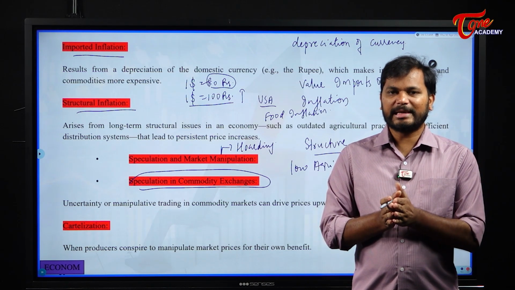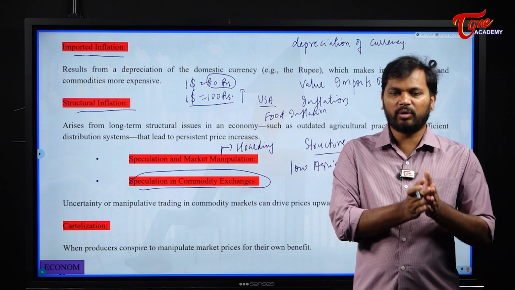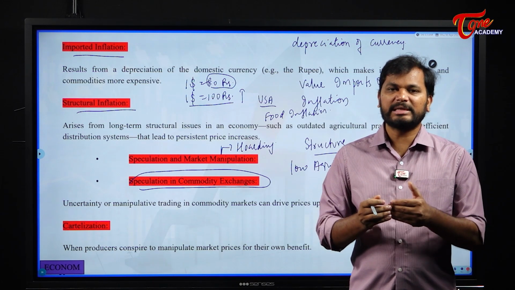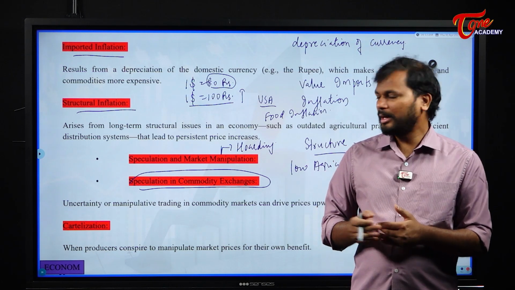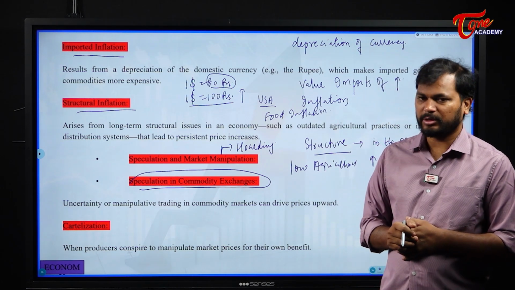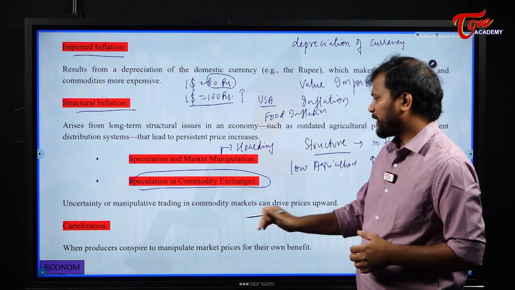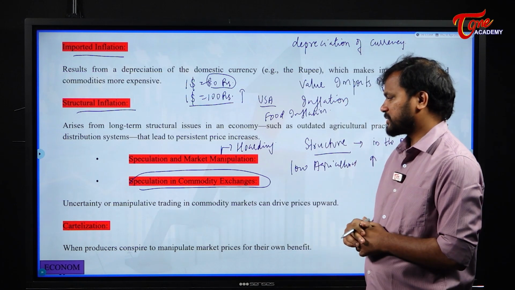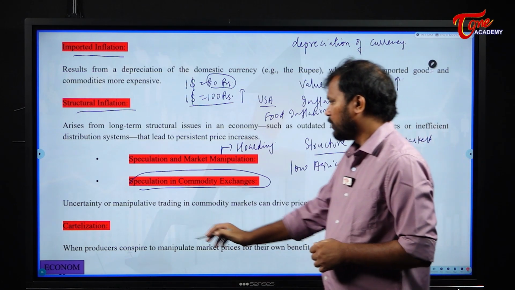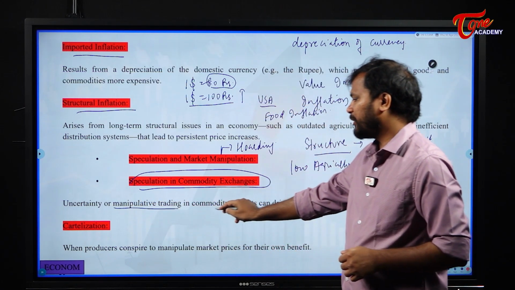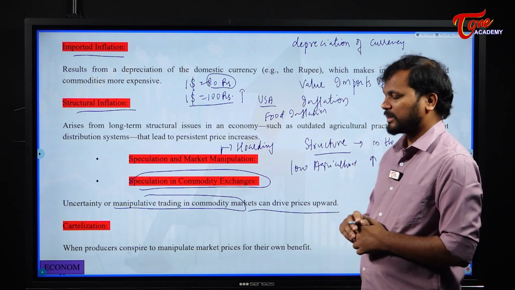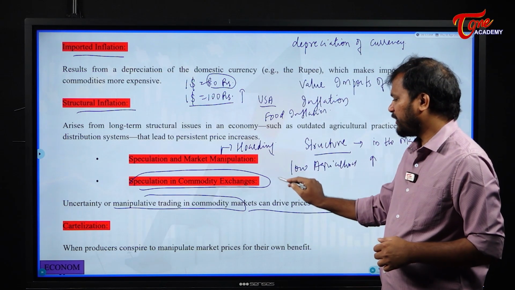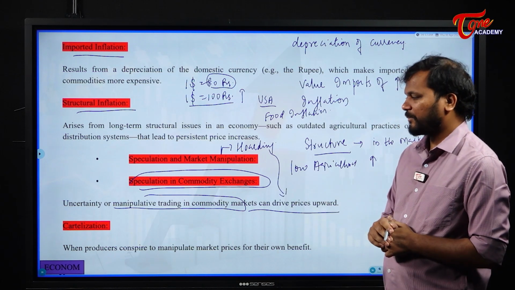The essential things will be stored, hoarded, without being made available in the market, and that is leading to the speculation. Next, speculation in commodity exchanges. For example, it is the uncertainty or manipulative trading in commodity markets that can drive prices upward. So it is an example of the same hoarding.